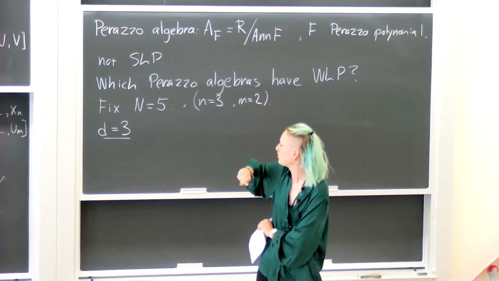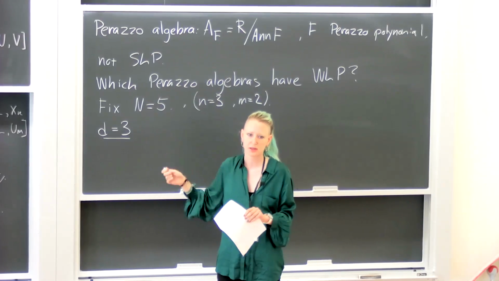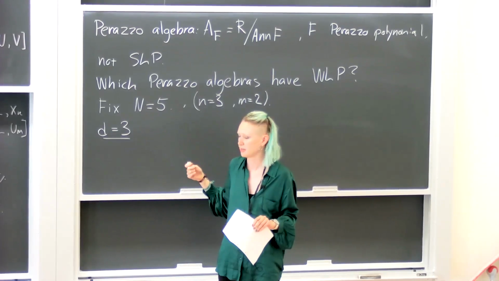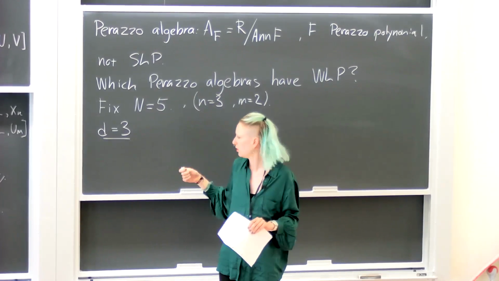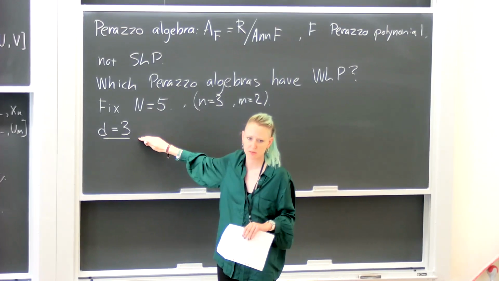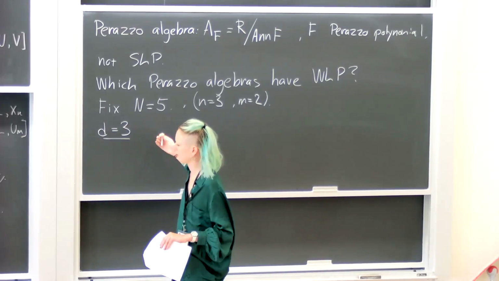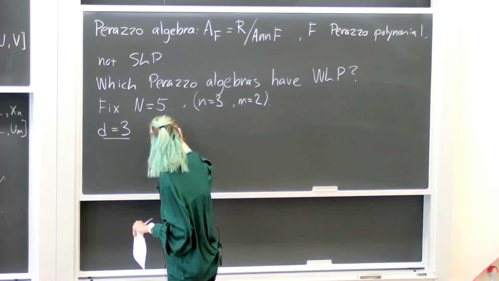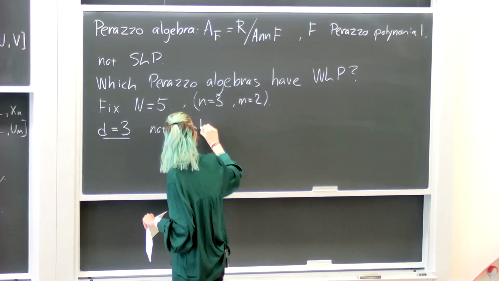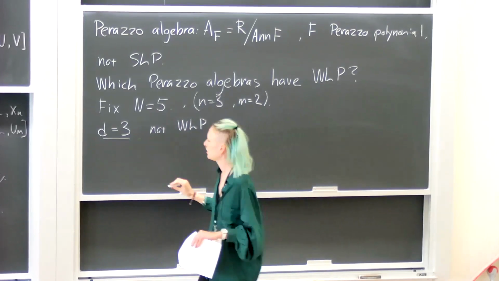And if your algebra has Sokal degree 3, then this is also one of the maps that you are looking at for the weak Lefschetz property. So for Sokal degree 3, we cannot have weak Lefschetz because the map that we want to look at is also given by the Hessian matrix. So no WLP in this case.